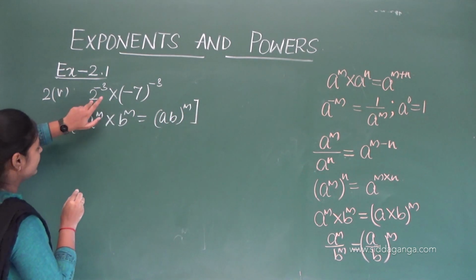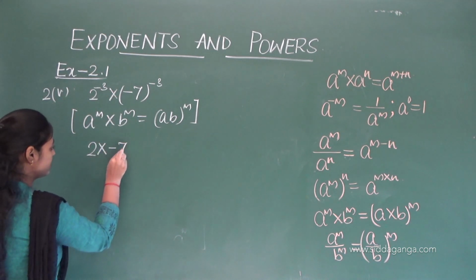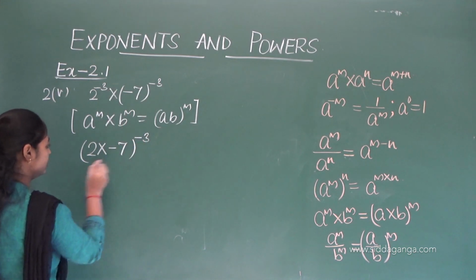That is a is 2, b is minus 7. 2 into minus 7 whole to the power of m is minus 3.